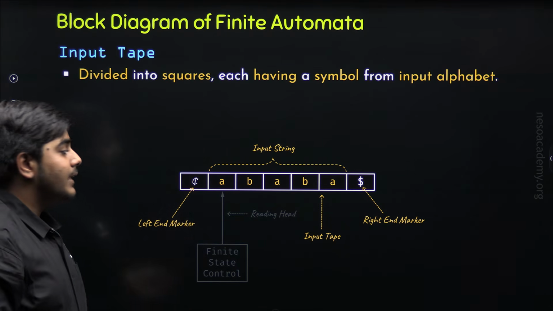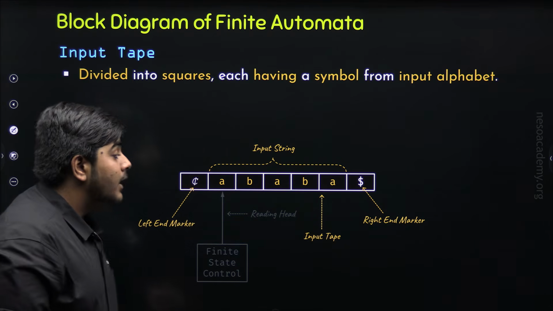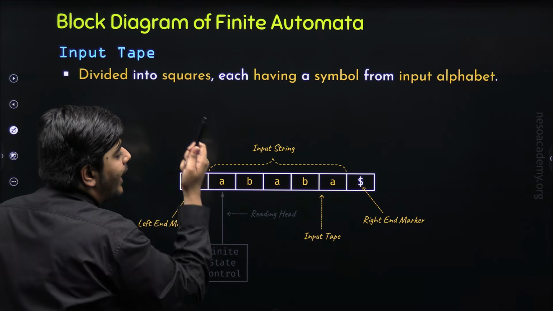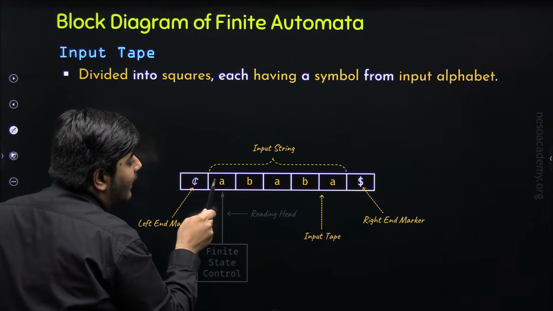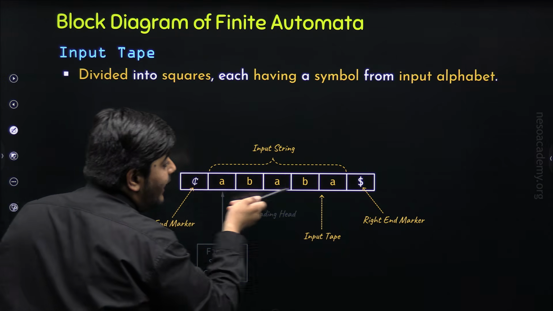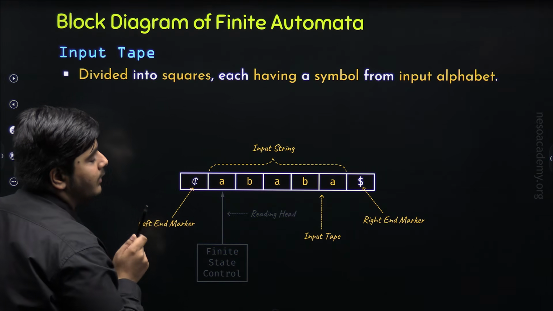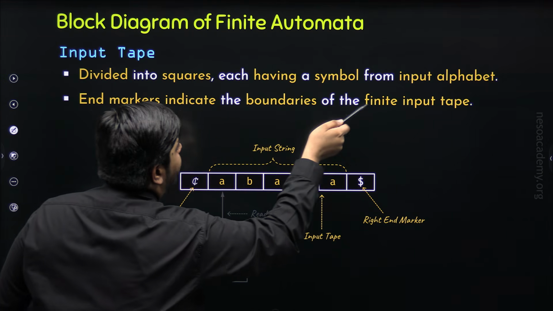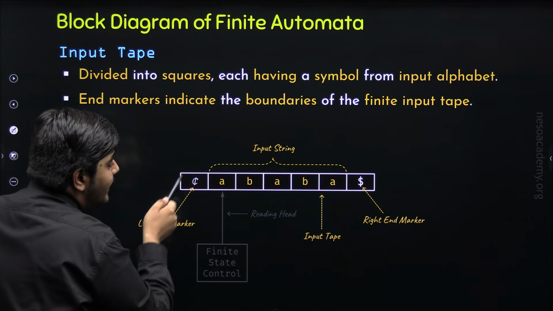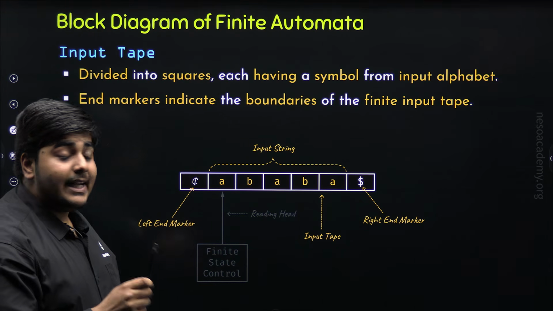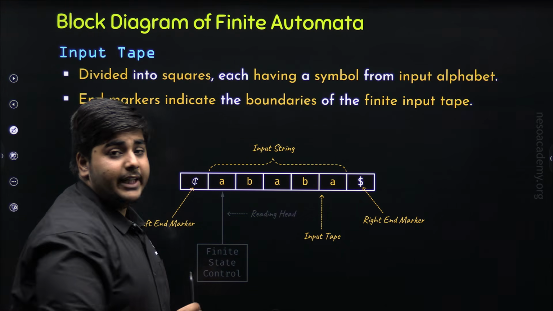This point simply means that this input tape is divided into multiple cells, or you can say squares, and each cell contains one symbol of an input string. In this way, it stores the whole input string. End markers indicate the boundaries of the finite input tape. These two are the end markers of the input tape, and these represent the boundaries of input tape.